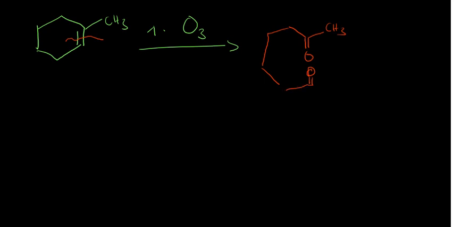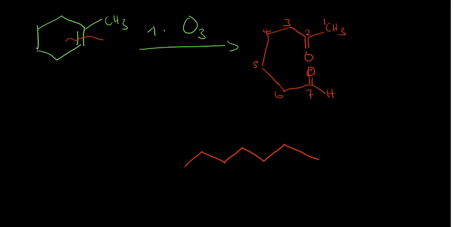Now if we were to draw it in a straight line, draw it properly, we number the carbons: 1, 2, 3, 4, 5, 6, 7. So we'll draw a 7 chain. On carbon number 2, we'll put the ketone there.